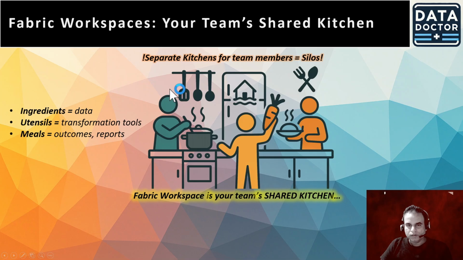In scenario one, we dedicate a separate kitchen to each chef so that they can prepare their respective meal. But this will not be a smart strategy, because we would need different kitchens with different ingredients and utensils. A separate kitchen will lead to silos.